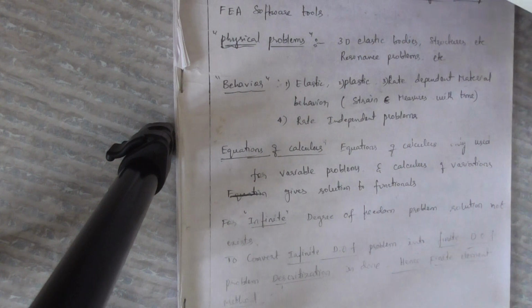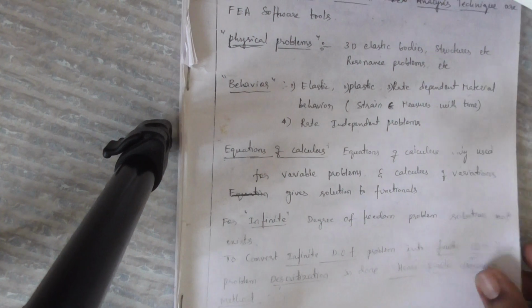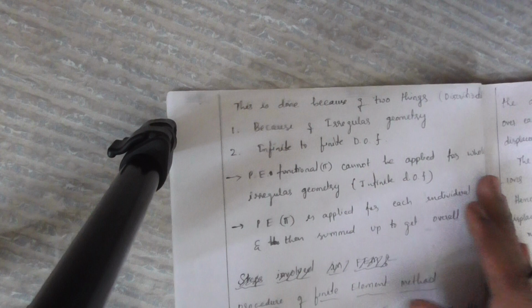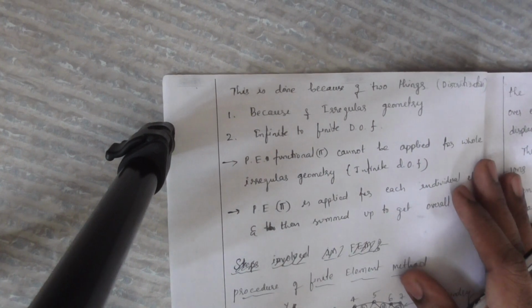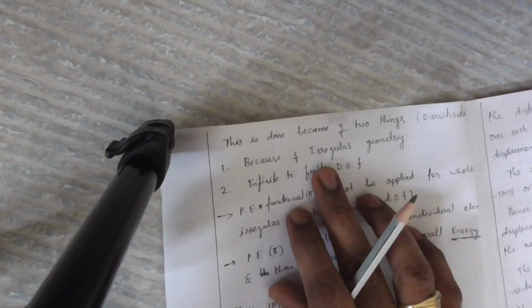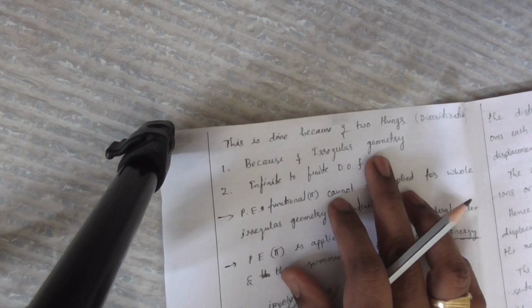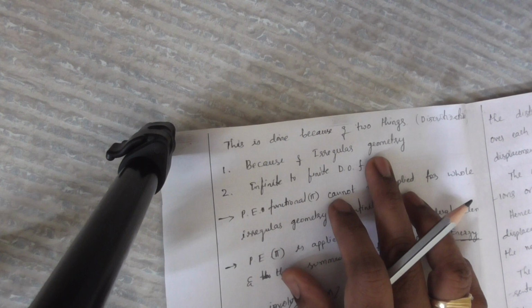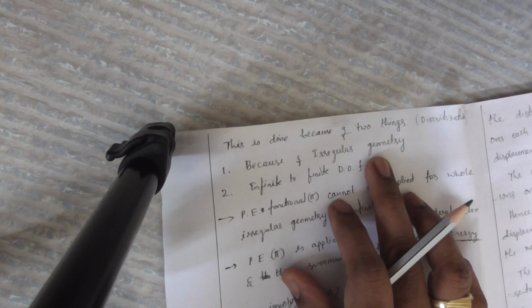Okay. So next we will go on. This discretization is done because of two things. One is irregular geometry. Suppose the geometry is irregular, or has so many abrupt changes in the geometry.